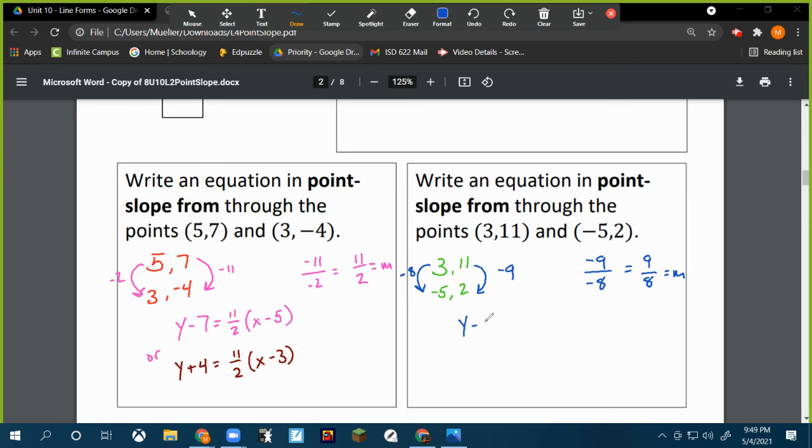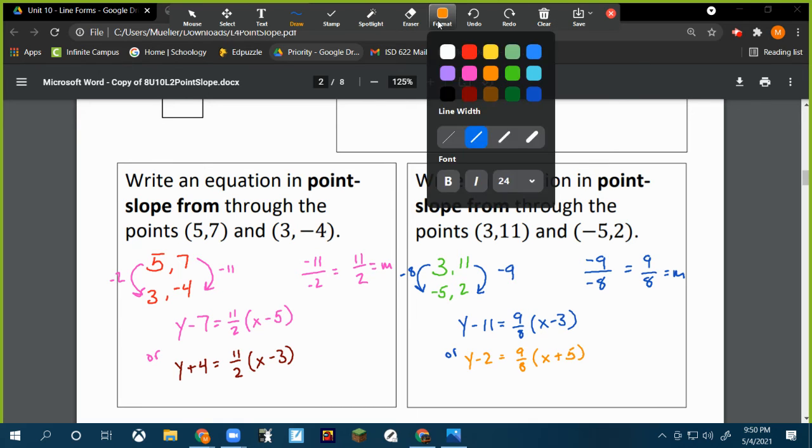Pick a point, opposite of the y, use your slope, opposite of the x. Or, again, just pick which one you want. You don't have to do both. The opposite of the y, the opposite of the x, and we have 2 points.